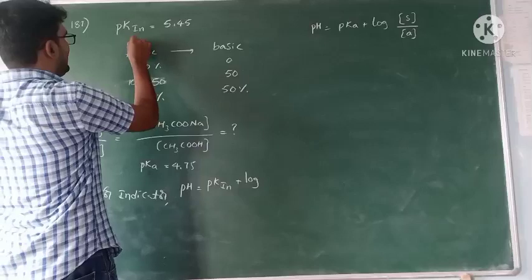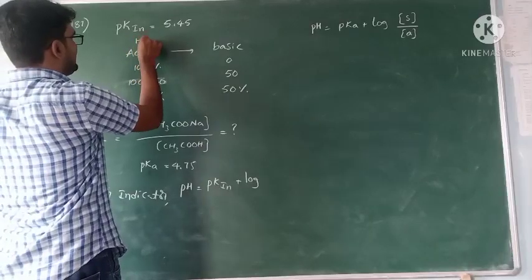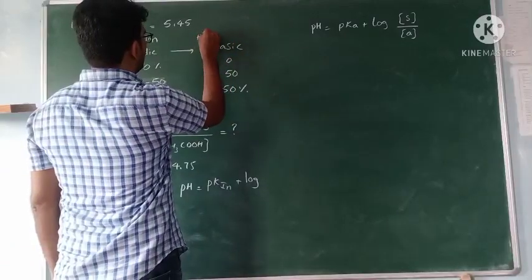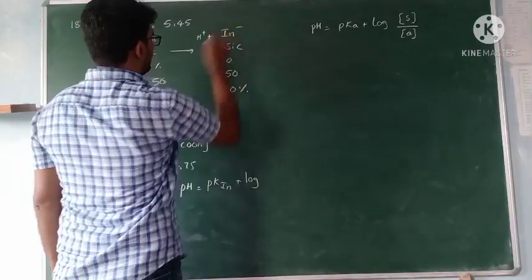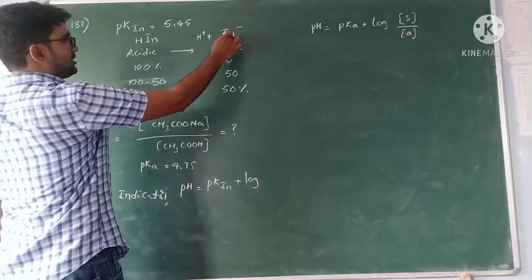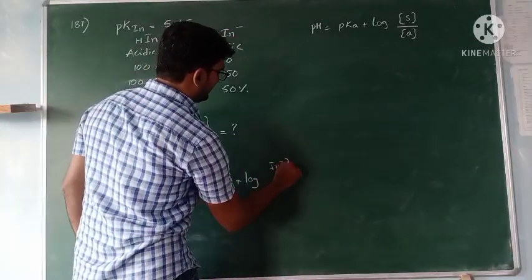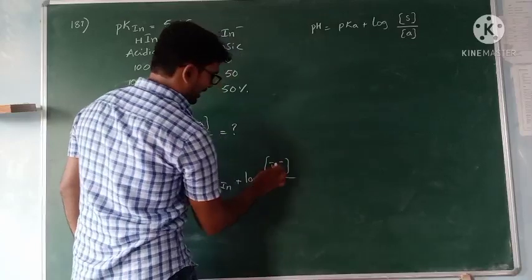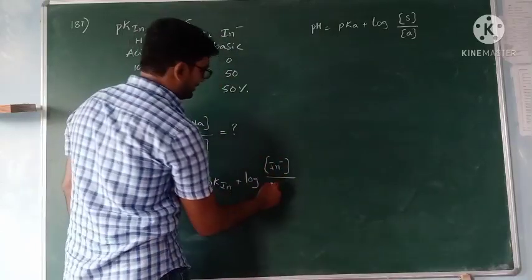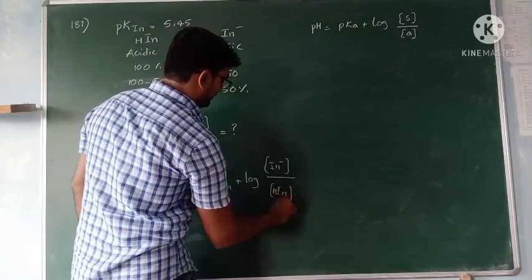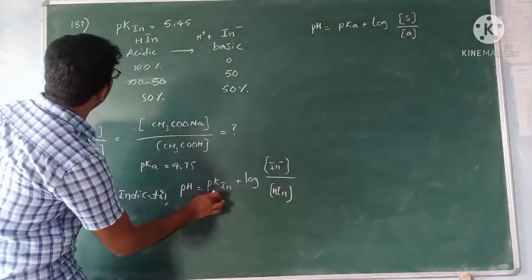Actually, this is the indicator: acidic indicator HIn is converted to H plus and In minus. How can you write it? Concentration of product by concentration of reactant. So log of the ionic form of the indicator, In minus, by the indicator HIn. Okay, pKin value, how much?